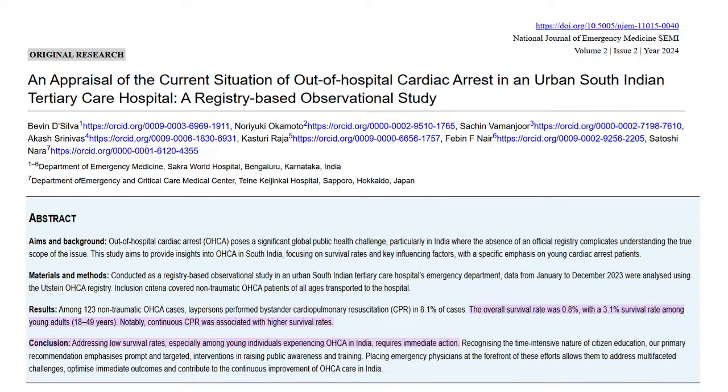This was published in 2024. So this shows that the prognosis of out-of-hospital cardiac arrest is still very dismal in India, and the proportion of cases in which bystander CPR was given is also very small, only 8.1%. So this is just a small data set which shows a real-world problem.